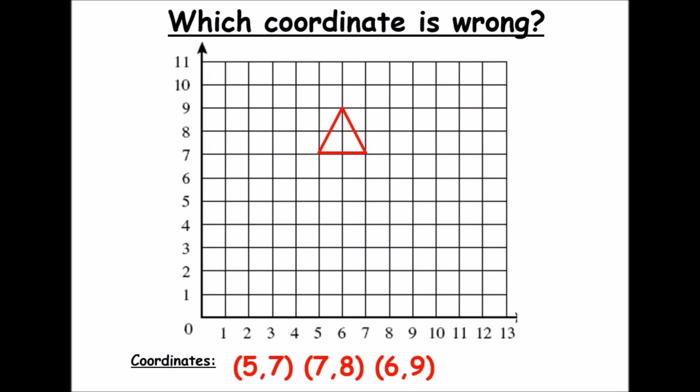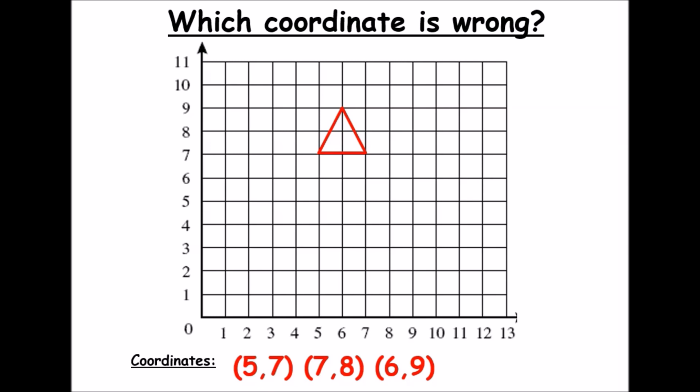Okay, 7, 8. 7 across, 8 up. Uh-oh. That would bring us to this point here, which is not one of our vertices. So therefore, that one, 7, 8, is incorrect. Let's just check 6, 9 to be on the safe side. 6 across, 9 up is this top vertex here.